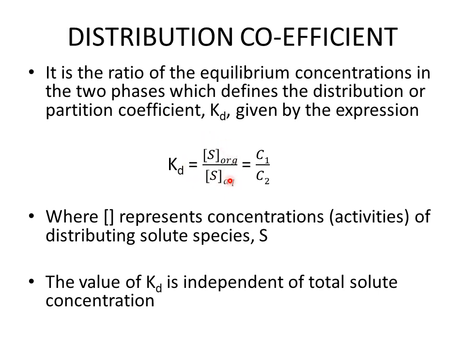This can also be represented like this, where square brackets represent the concentrations or activities of the distributing solute species, represented by S over here. The value of the distribution coefficient is independent of total solute concentration. It means that by varying the solute concentration, there is no effect on the value of the distribution coefficient.